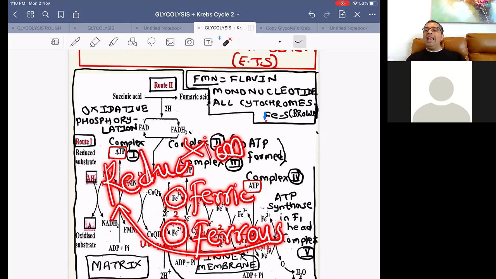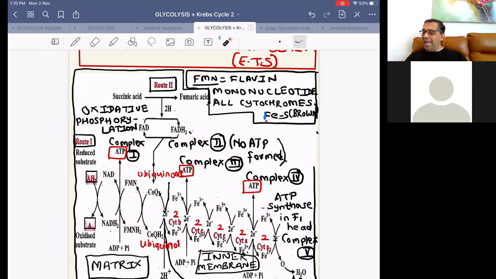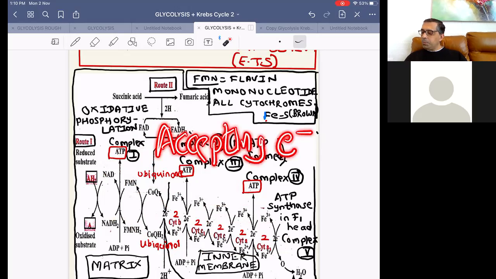So, electron. What is accepting electron called as? Accepting electron is called as reduction. So we'll write it again. Accepting electron is called as reduction. And then you give away electron.